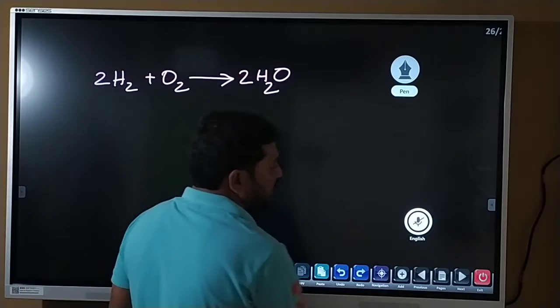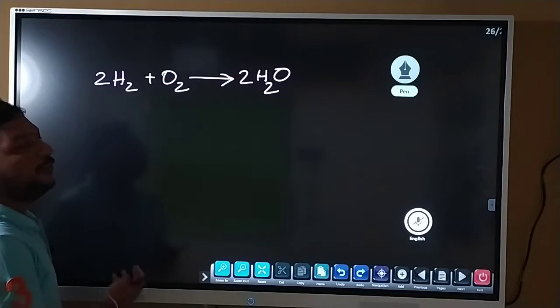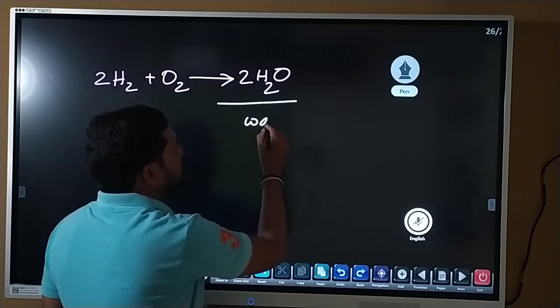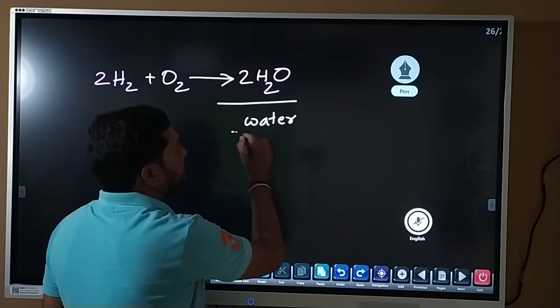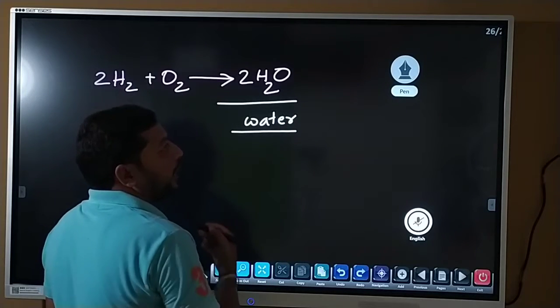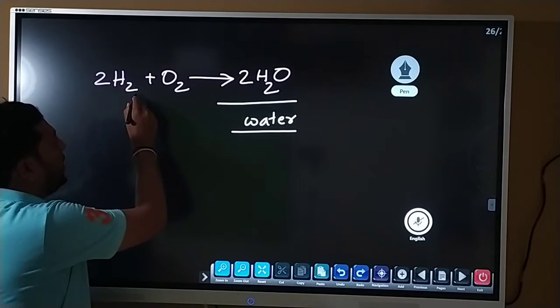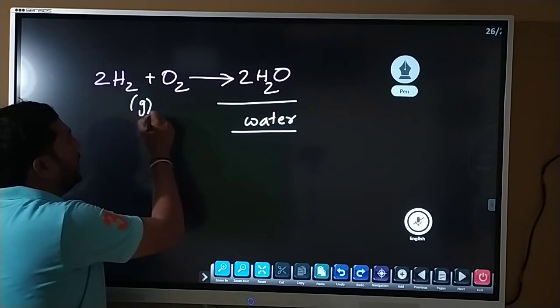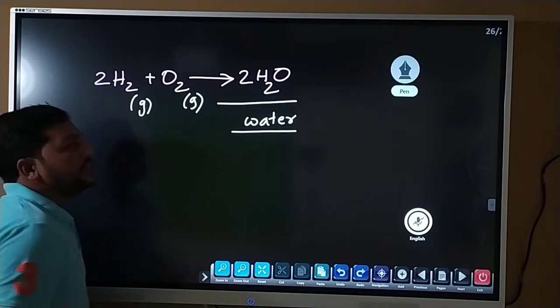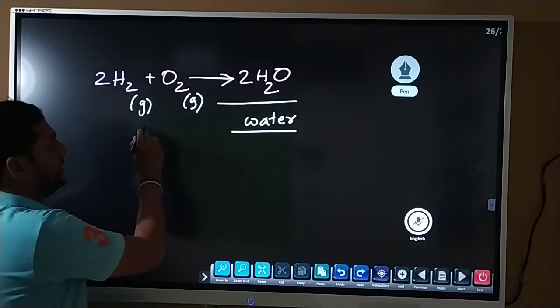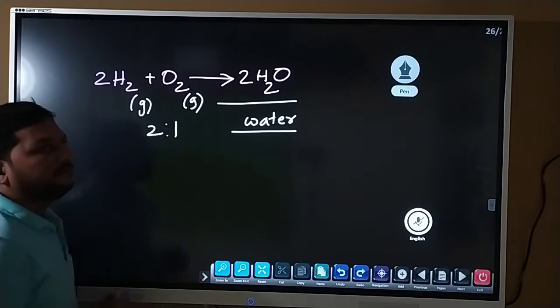Next we will move towards another equation: formation of the water molecule. H2O is the formula for the water molecule. How is the water molecule formed? It is formed by the addition of hydrogen gas and oxygen gas in the ratio 2:1.